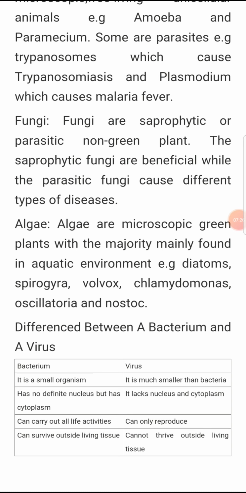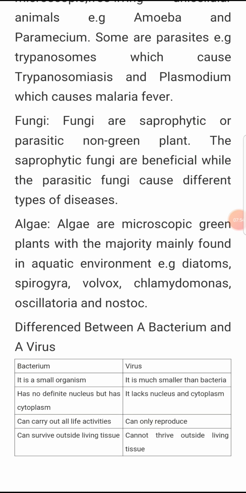The saprophytic fungi are beneficial, while parasitic fungi cause different types of diseases. Algae. Algae are microscopic green plants, with the majority mainly found in aquatic environments, e.g., diatoms, spirogyra, volvox, chlamydomonas, oscillatoria, and nostocs.